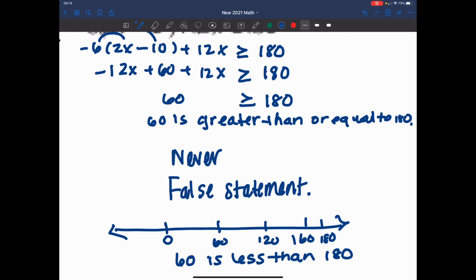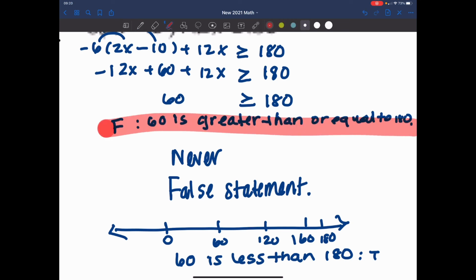And we both know that that's false, right? 60 is not. So this right here is true, and this right here is false. So again, we want to say it's false. So it's never true. And when we make it true, we would say 60 is less than 180. That would make it true. Okay?